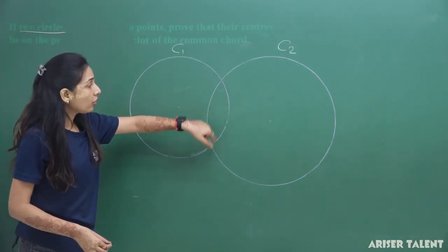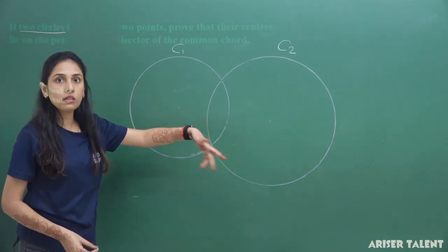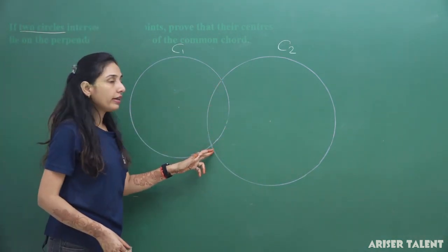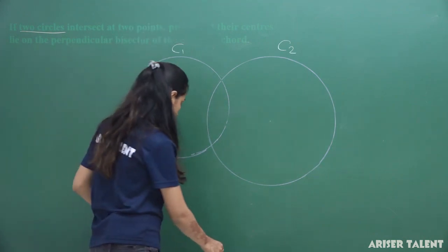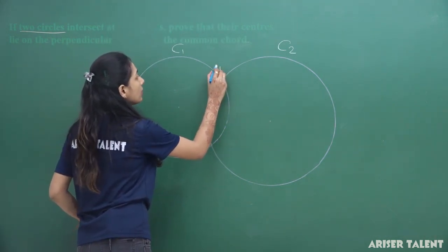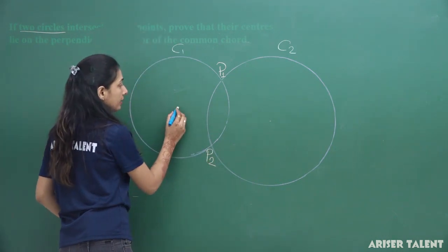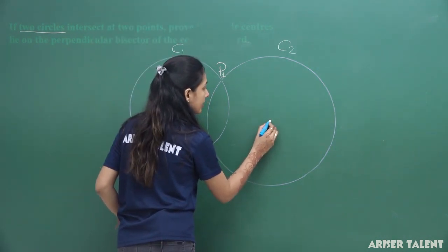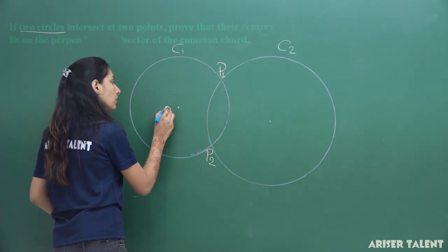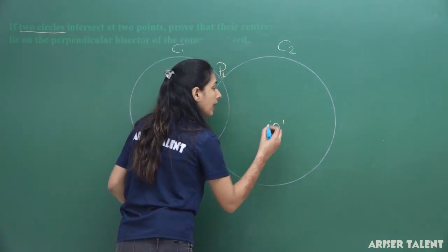So the common chord of this circle and this circle, what will it be? These 2 points, you will be meeting them. So let us suppose this is the point P1 and this is the point P2, and this circle's center and this circle's center. So this center is O and this center is O dash.